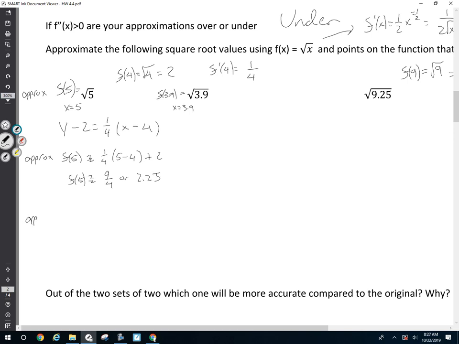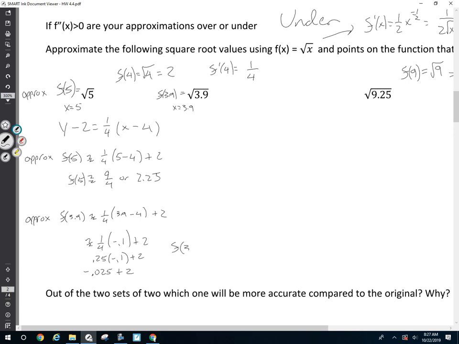Let's approximate f of 3.9. That'll be 1/4 times x, which is 3.9, minus 4, plus 2. So 1/4 times negative 0.1 plus 2. This is where I'm going to probably switch to 0.25 times negative 0.1, because when I have a 0.1, I know I'm just going to move the decimal place over once. So this ends up being negative 0.025, that I'm adding to 2.